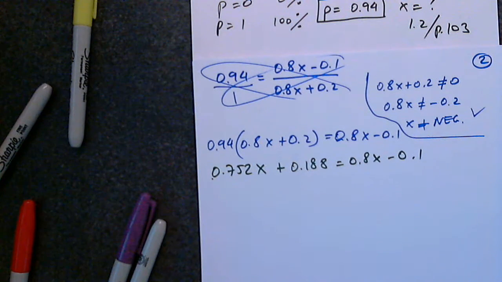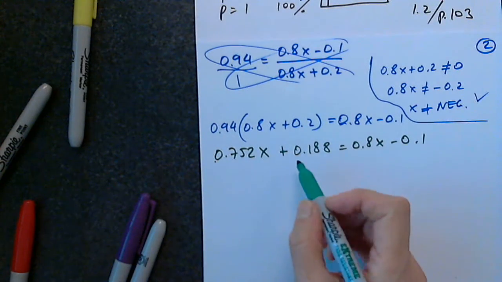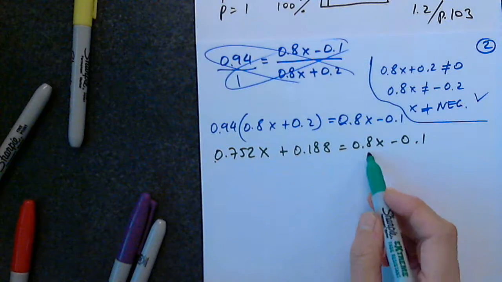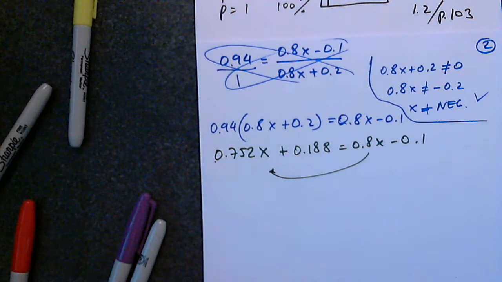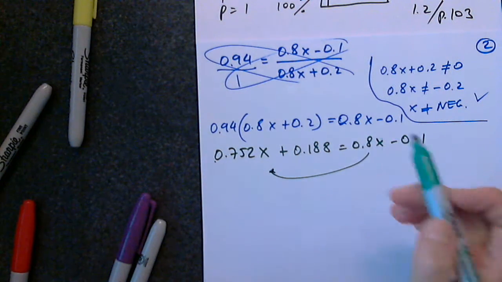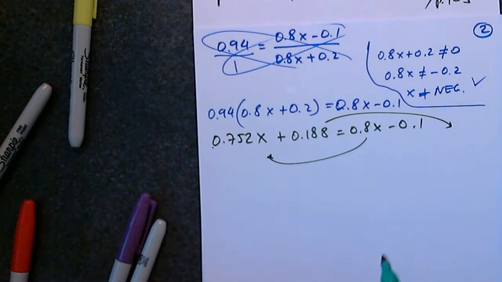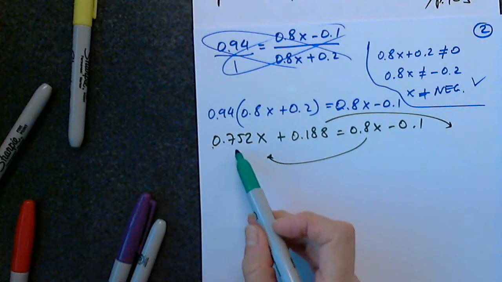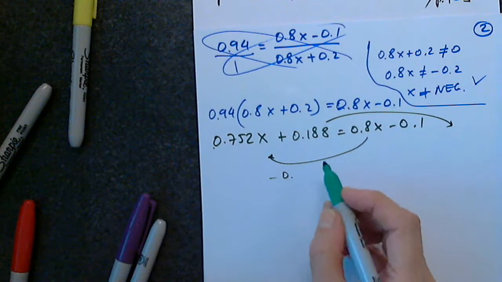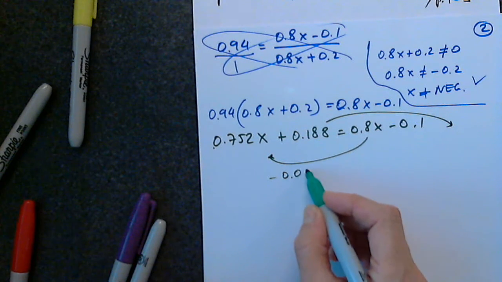So next, now I'm ready to move terms around. So what do I move and where? Move the 0.752. I want to keep the variable on the left hand side. It doesn't matter. Don't erase anything. Keep the variable on the right if that's what you want. So 0.8x minus 0.752 is negative 0.048.